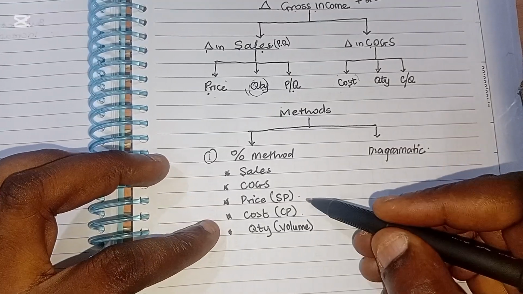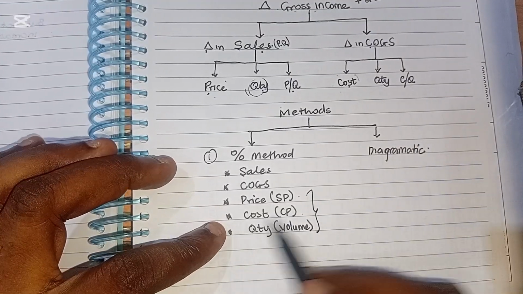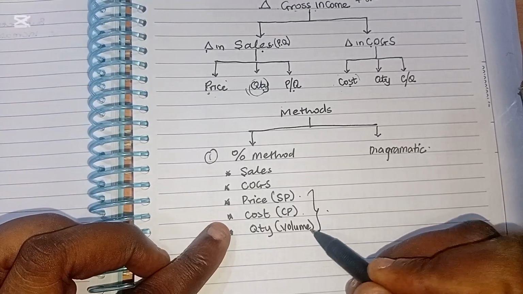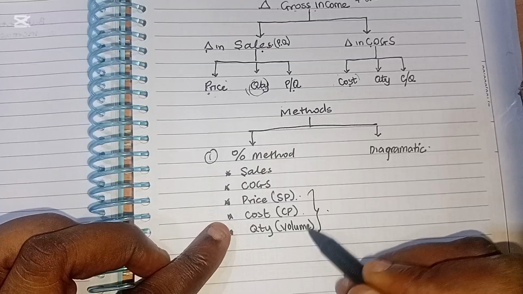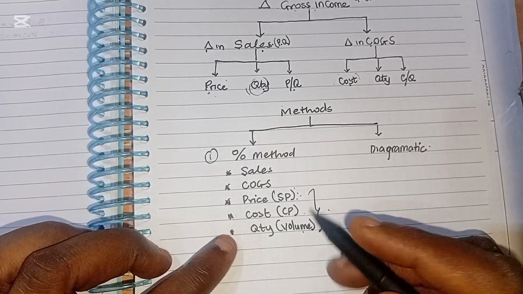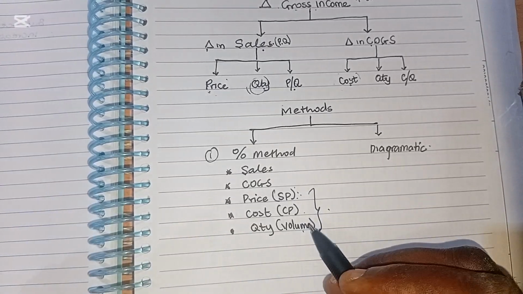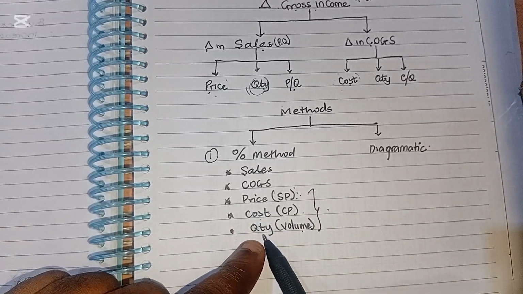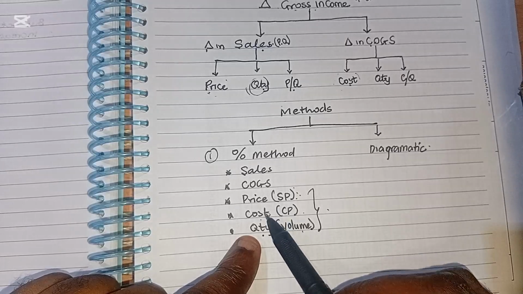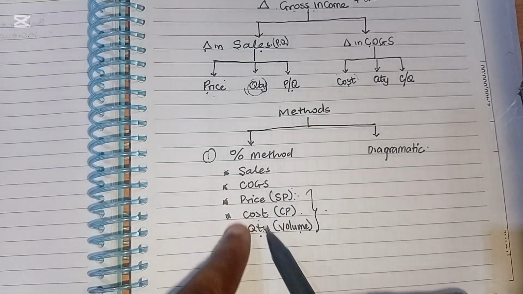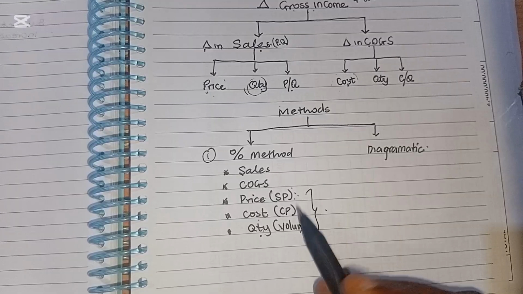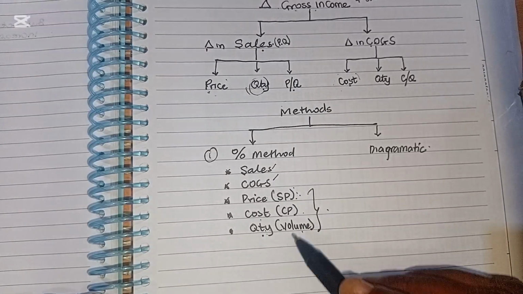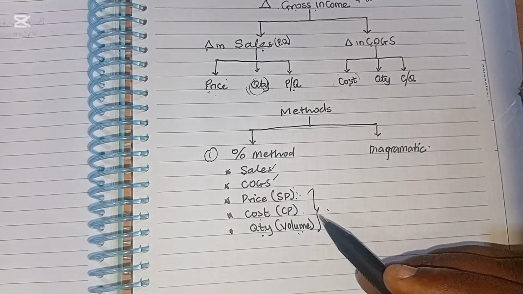Now, these three will be required of you to compute, and to compute them, one of them must be given in the question as a parameter. So one of these three factors must be given.